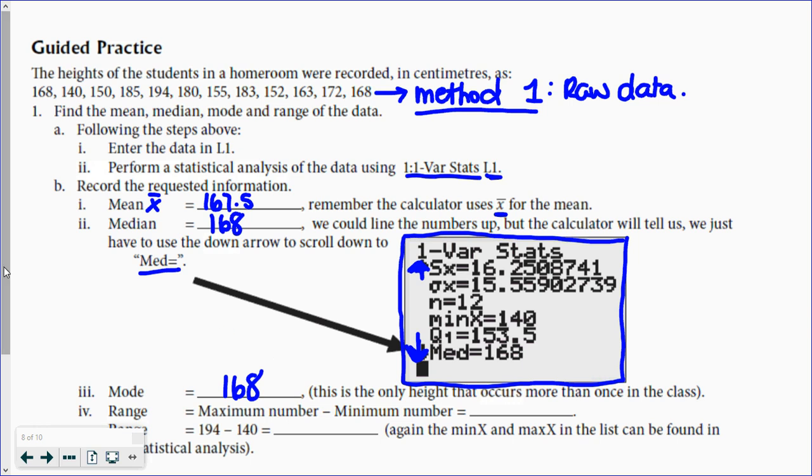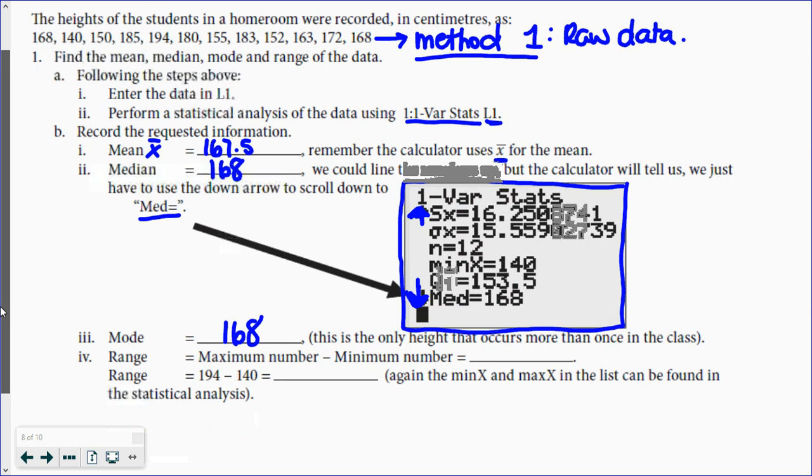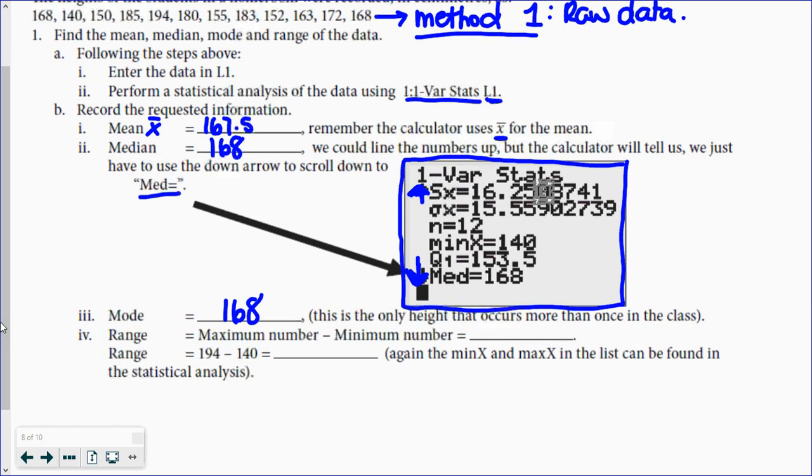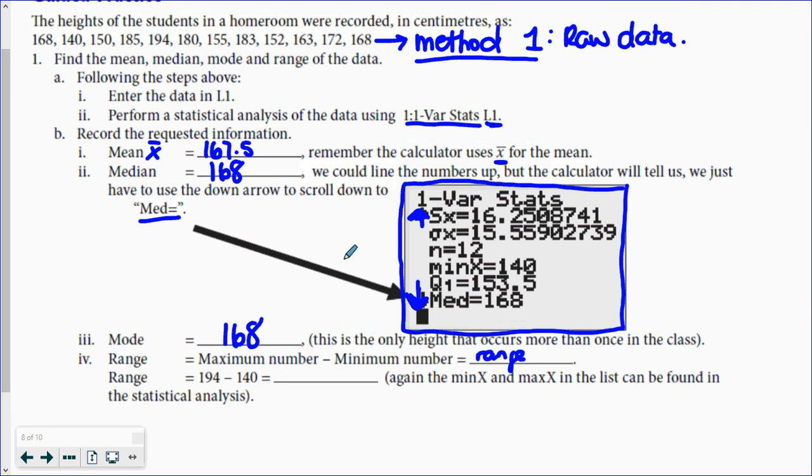And our last piece of information of central tendency would be the range. So the maximum number, subtract the minimum number is our range. Our maximum number was 194. You can actually find that, oh, I don't have my calculator in front of me. I think if you keep scrolling down, oh yeah, here, sorry, minimum X, so our minimum is 140.